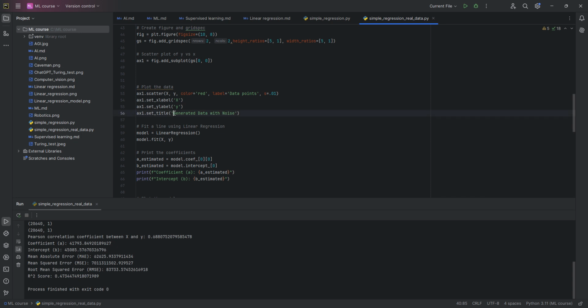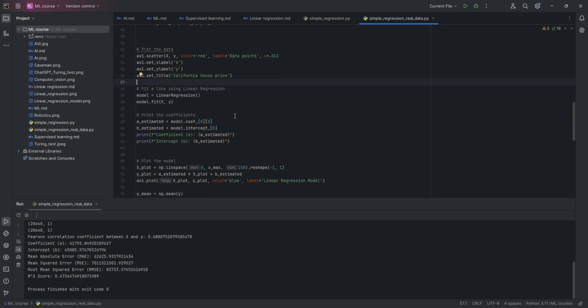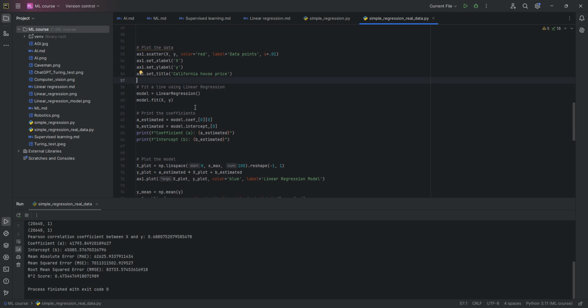And this needs to be changed. Okay, so that's house price. So that's the title, and the rest of the thing, as I said, is the same.